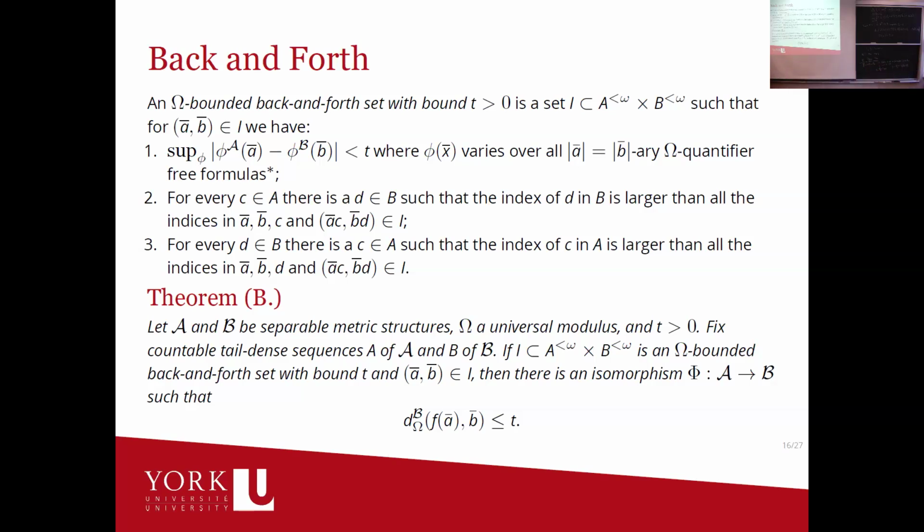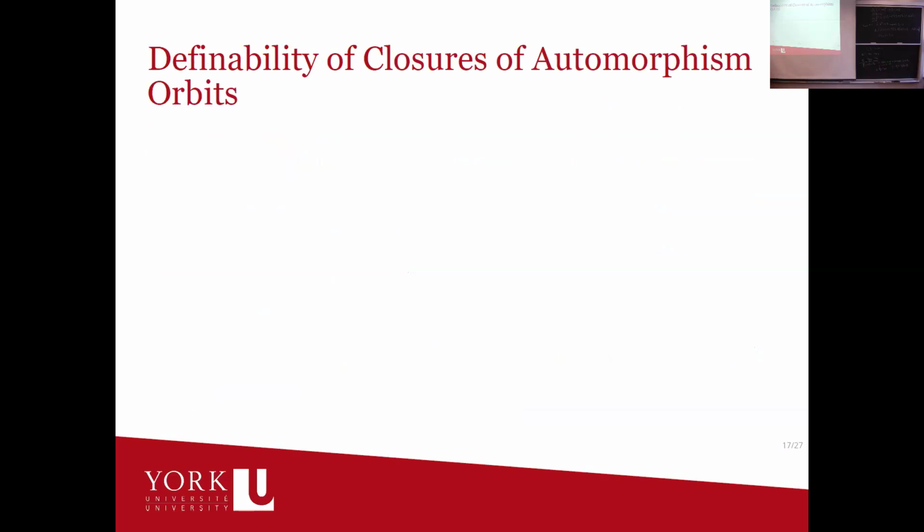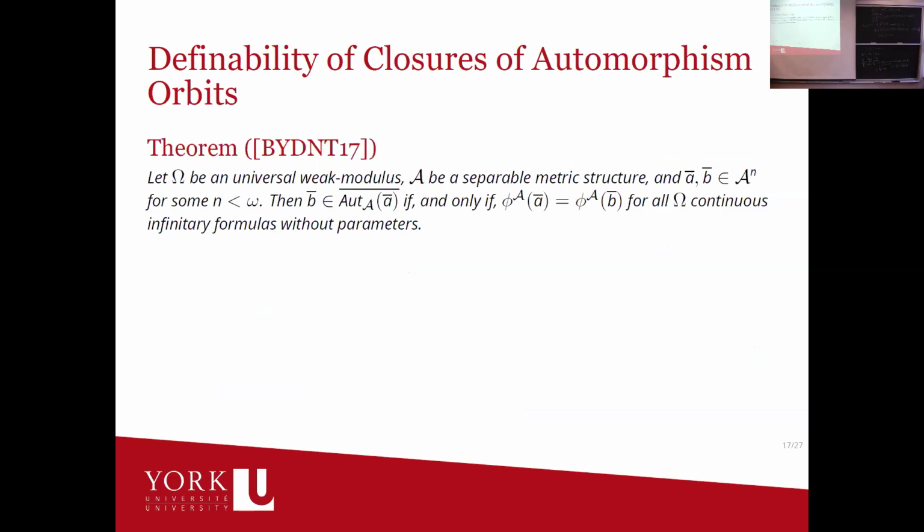Okay, so this is kind of how I'm gonna build isomorphisms. And with that and some other, so first of all, this is a theorem from Ben-Yaacov et al. If you fix a universal modulus and you pick any two tuples in them, B is in the closure of the automorphism orbit of A if and only if they agree in all the omega formulas.